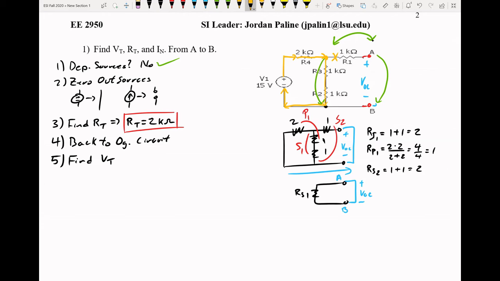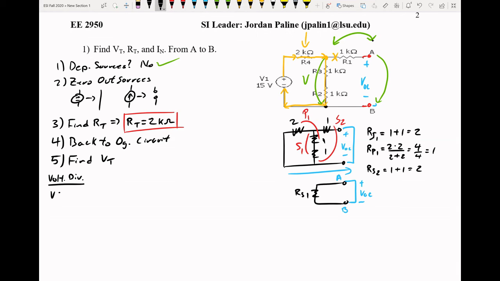So we can do one of two things with our loop here. I'm going to do a voltage division, or you can find the current. It's up to you. But voltage division works for me. So voltage division, and what does that look like? It looks like this. I'll just call it big V. There we go.